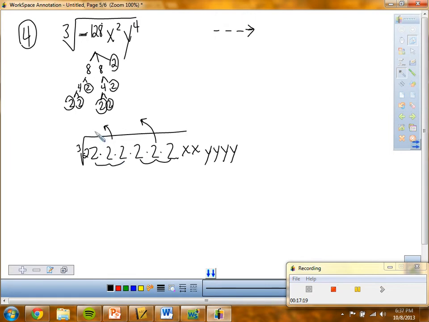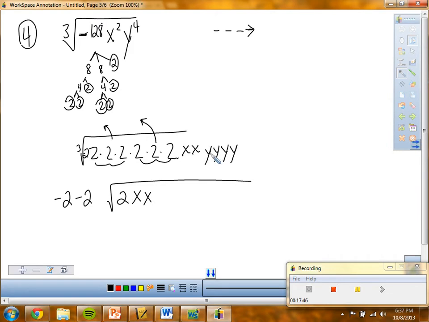So that means I'm pulling out a negative 2. And then here, this 2 is stuck inside. So I have a 2 inside. I don't have enough x's to take out, so I can take that away.